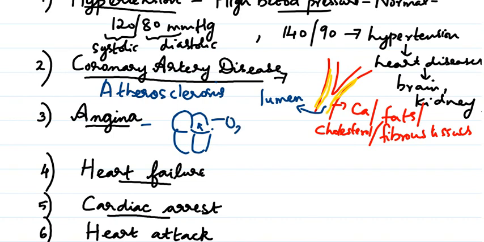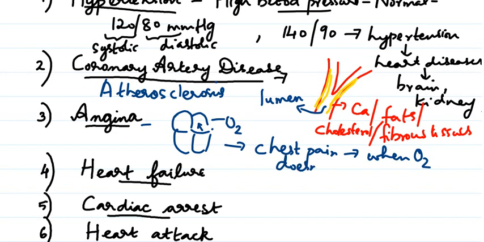In that case, the patient experiences chest pain. So this chest pain happens when oxygen doesn't reach the heart tissues. Chest pain is called as angina.